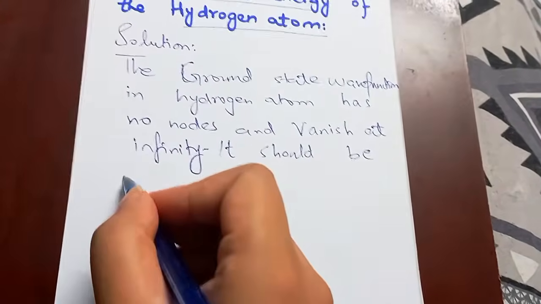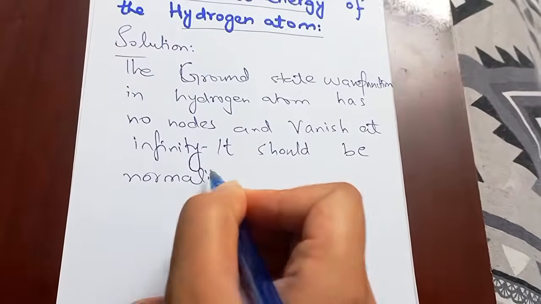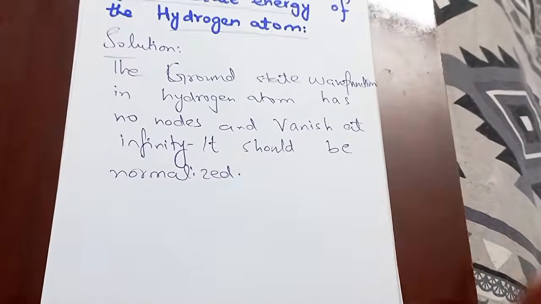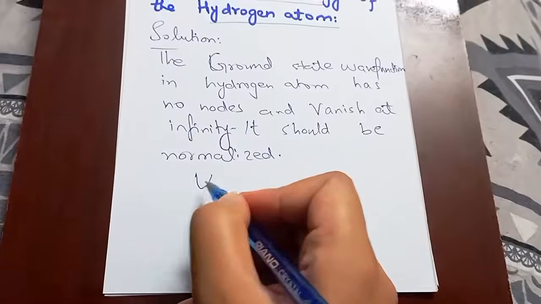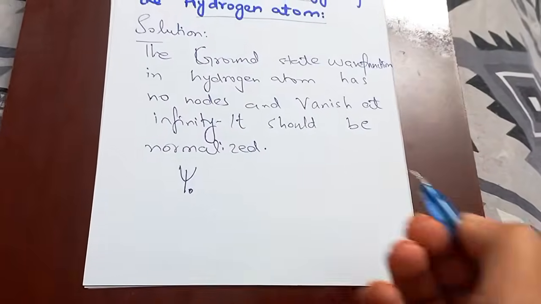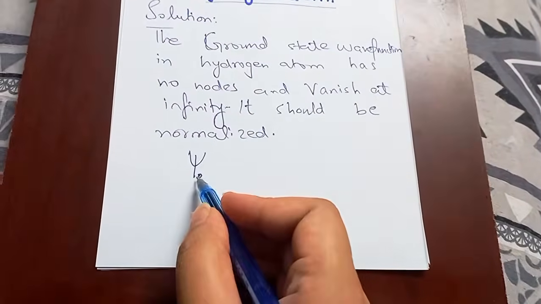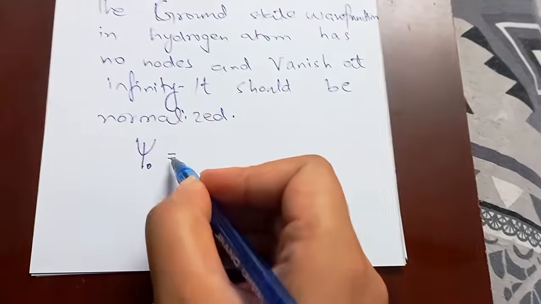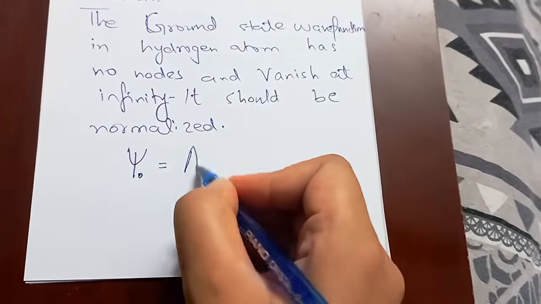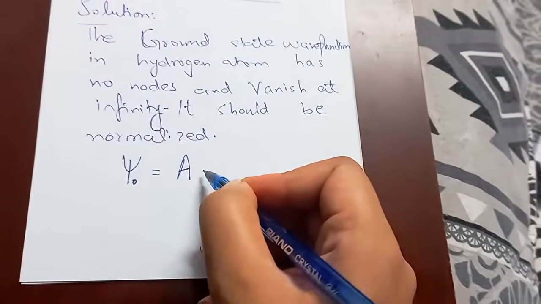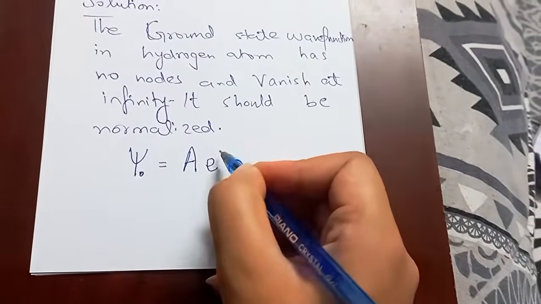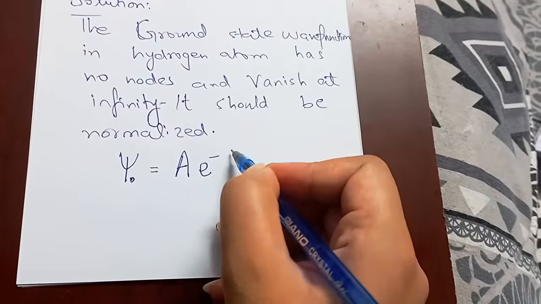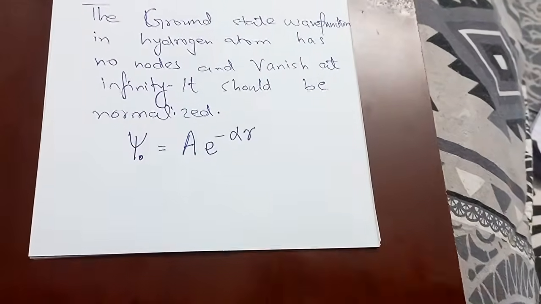It should be normalized, and for normalization we'll write a normalization constant in it. So psi naught, where the naught sign shows ground state, equals A, the normalization constant, multiplied by exponential of negative alpha r.